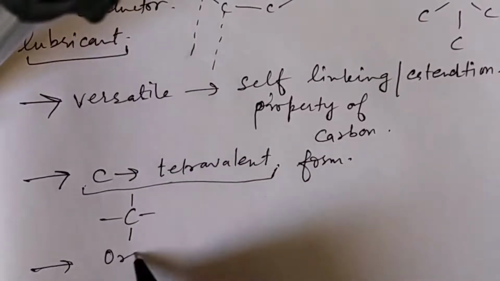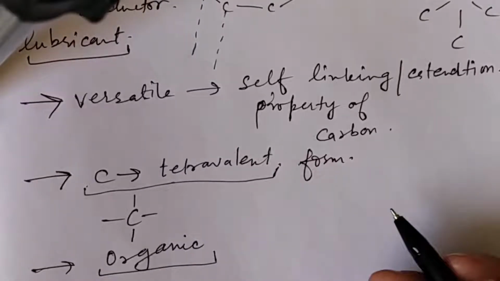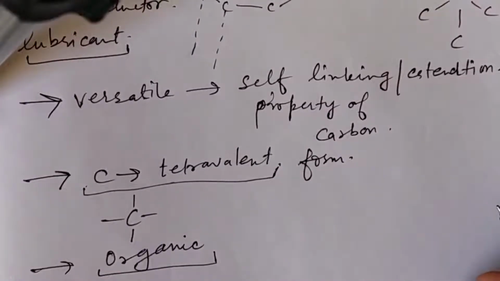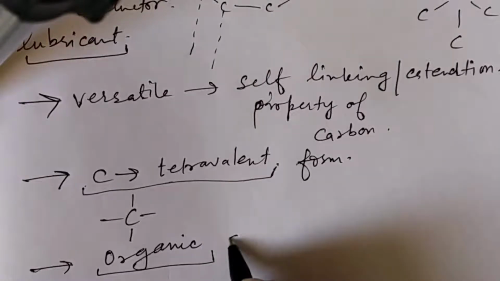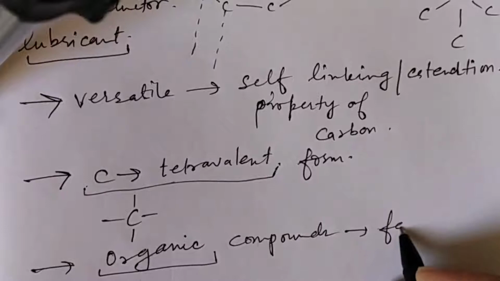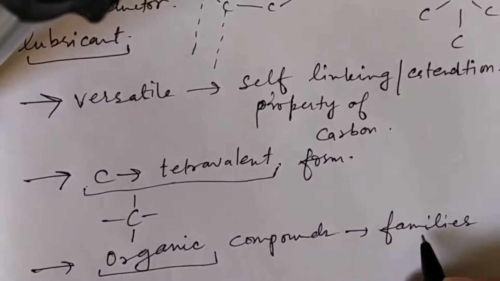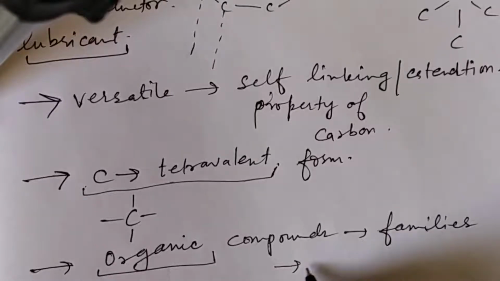Now what are organic compounds? Carbon containing compounds are basically organic compounds, and they are divided into groups and families. When organic compounds are divided according to their families, series or groups, these are called homologous series.